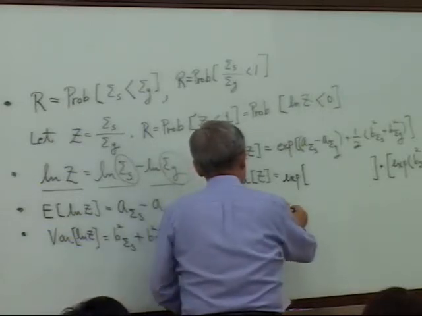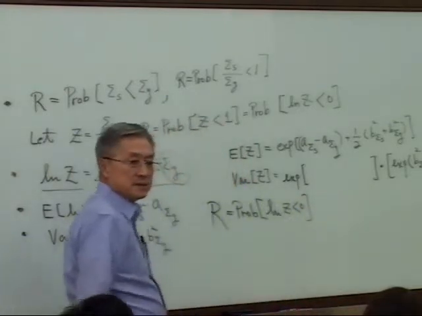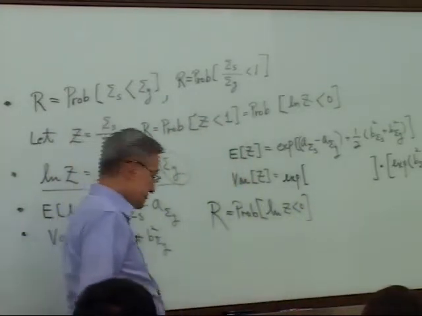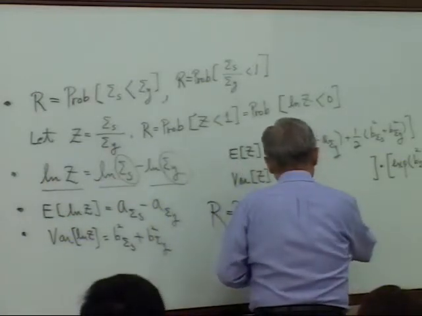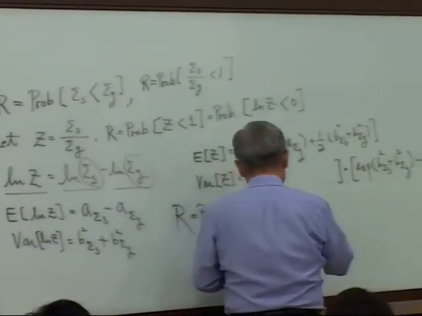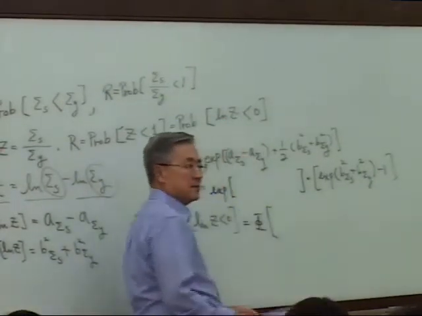Then reliability is concerned with probability, as we have done: probability that natural log Z is less than 0. You can express this as phi. Why?